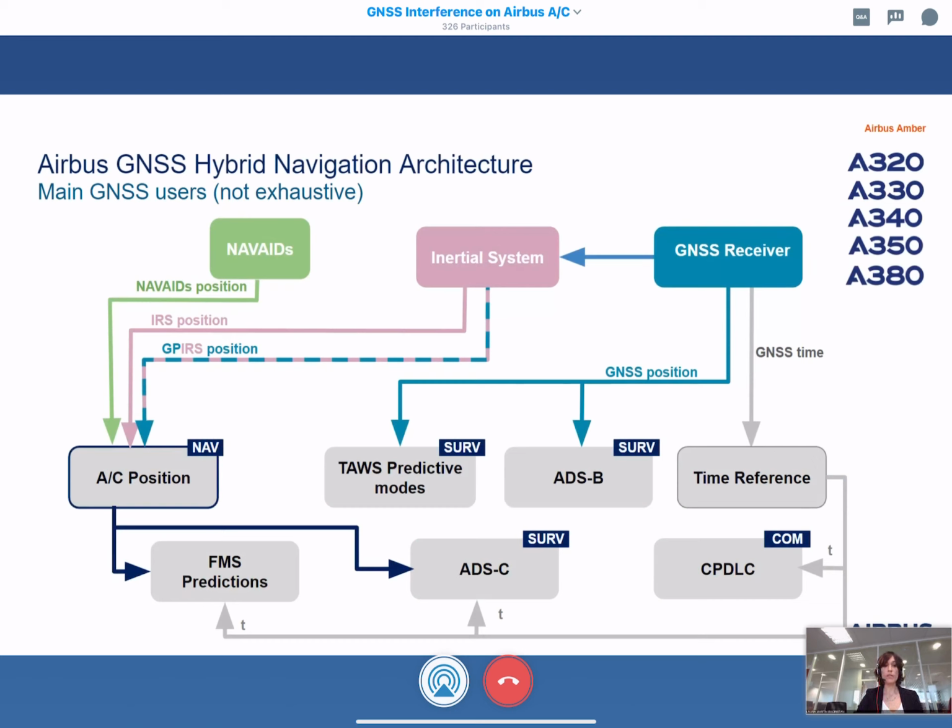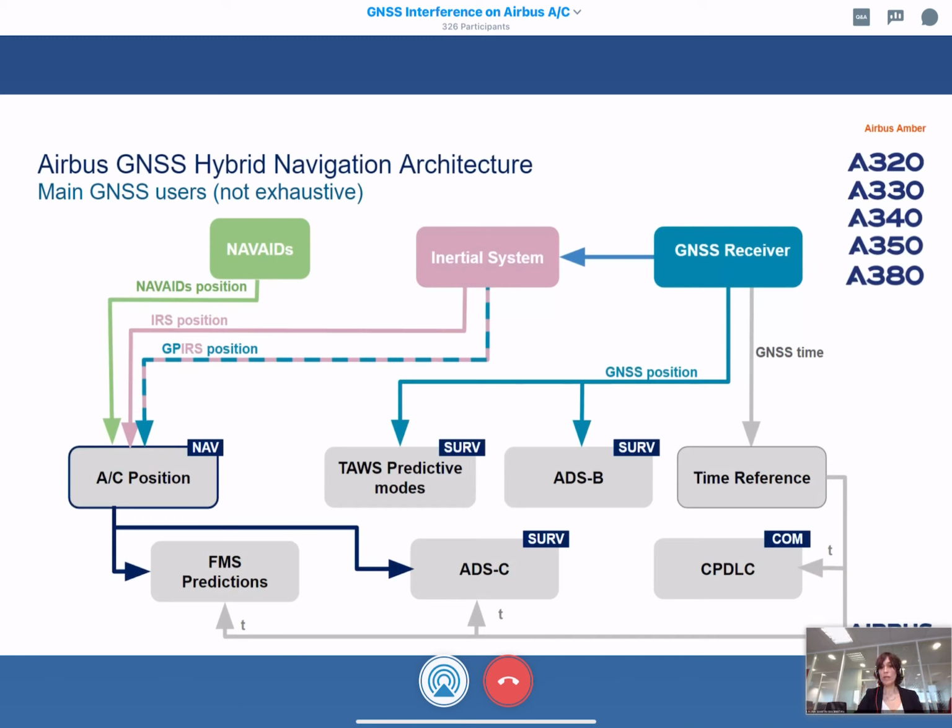Then we have the users. For instance, regarding navigation, the aircraft position does not use pure GNSS position from the GNSS receiver. It will use the best accuracy solution from the different inputs, which are GPIRS position, IRS position, or mixed IRS-NAVEX position.